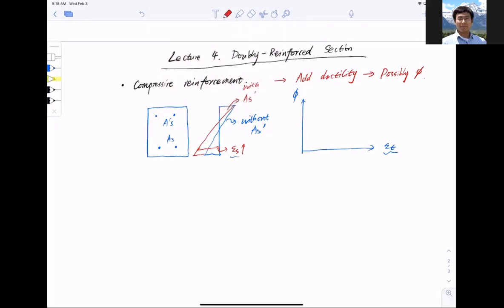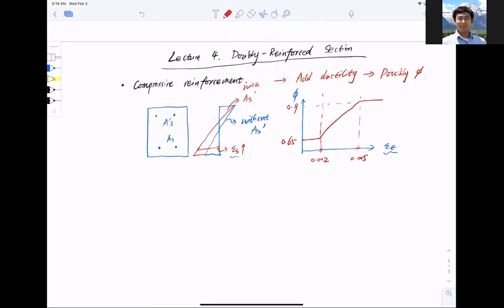And remember, for phi, if epsilon t is 0.002 and 0.005, they have different numbers. Below 0.002, you have 0.65. Beyond 0.005, you have 0.9. And in between there's a linear interpolation.